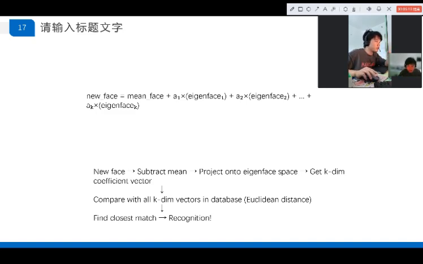We compare it with all the k-dimensional vectors in the database, find the closest one, and we recognize this face. So this face could be recognized by the machine.